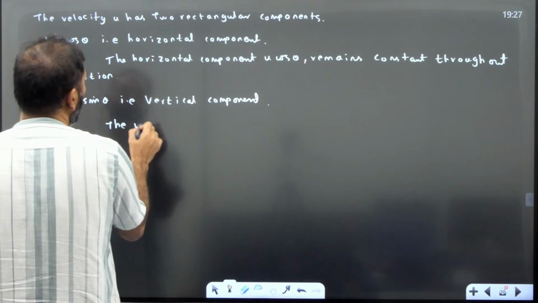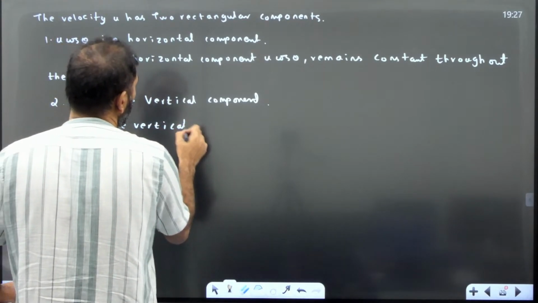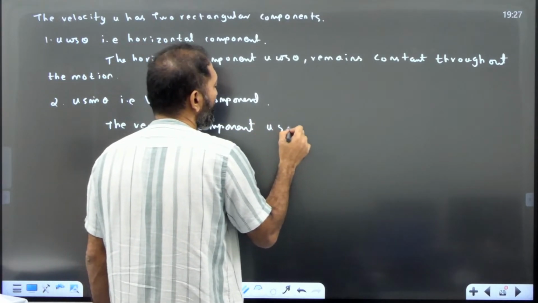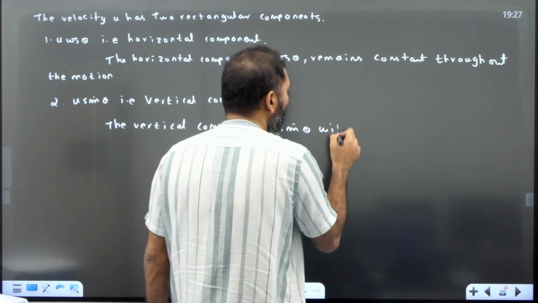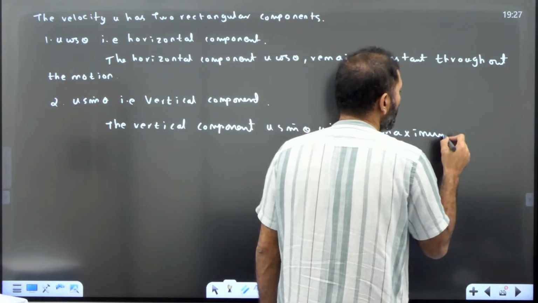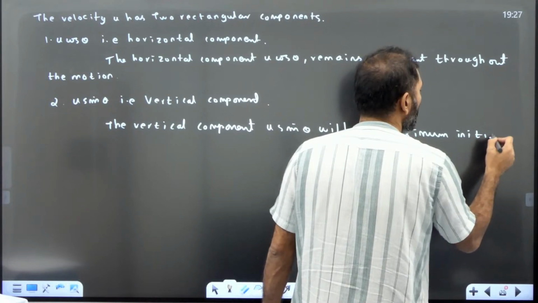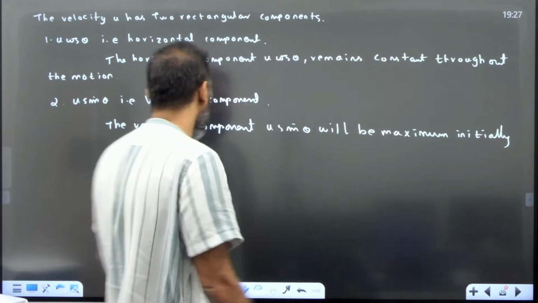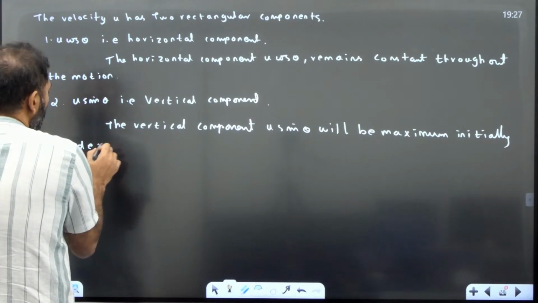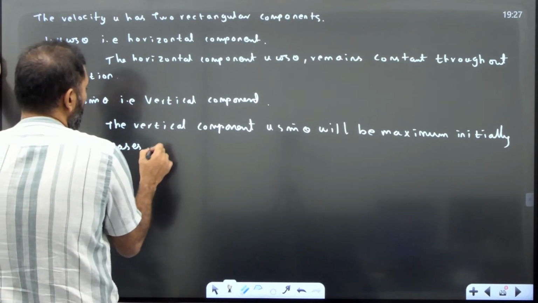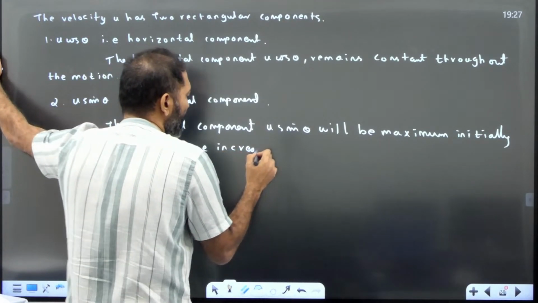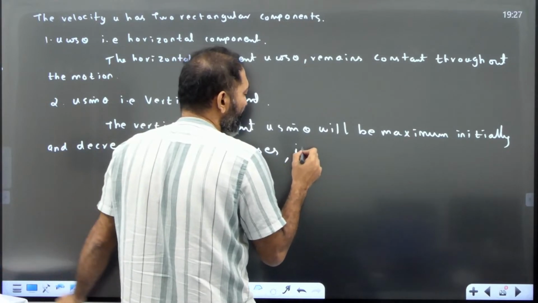The vertical component u sin theta will be maximum initially and decreases as time increases. It becomes zero.